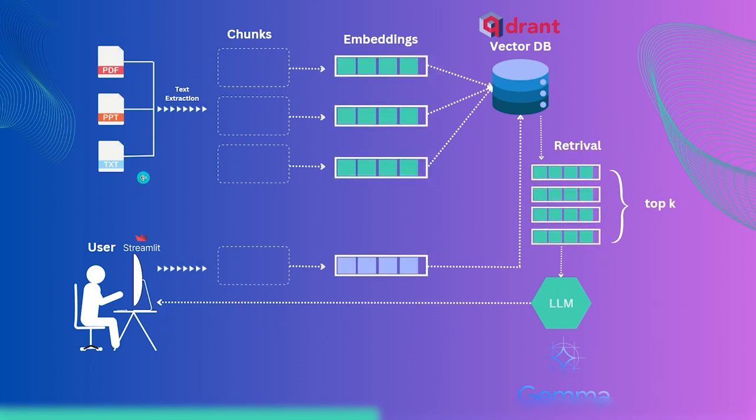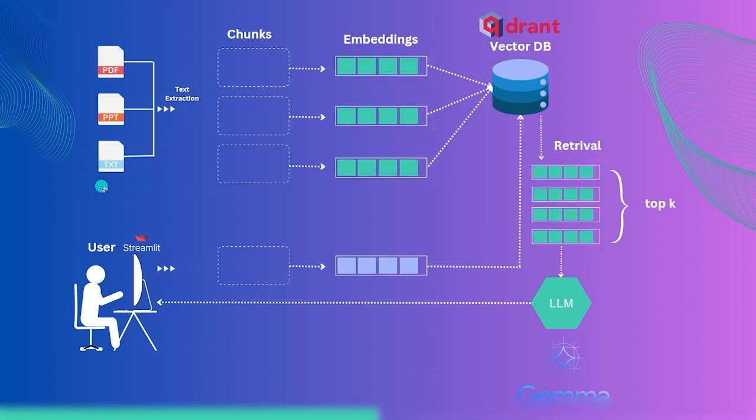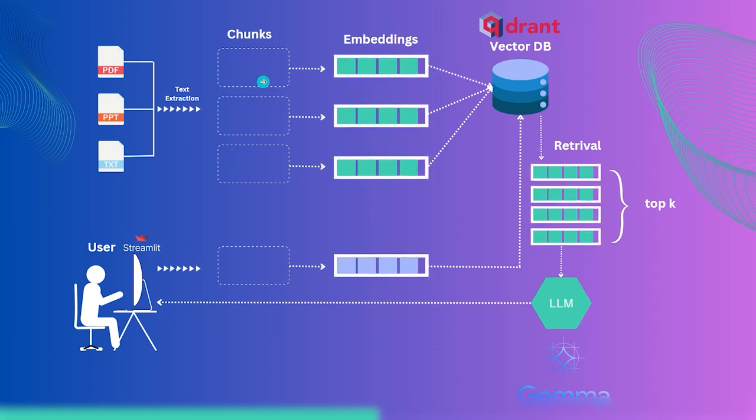In this use case, we have all the text of the transcripts and all the metadata of those videos, okay? And then as usual, the text is extracted from these files, converted into chunks and then embeddings, and eventually saved into the Qdrant Vector DB, okay?